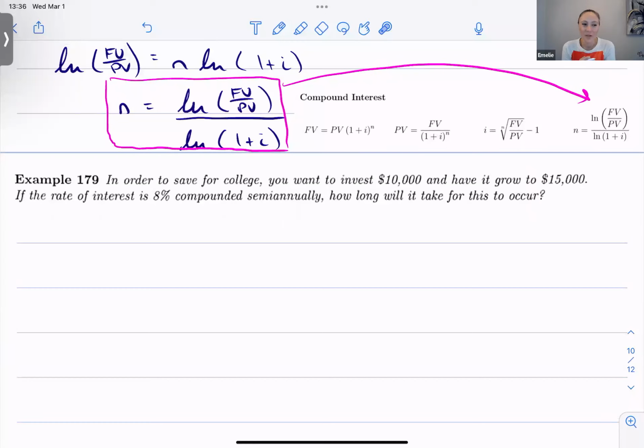If the rate of interest is 8% compounded semi-annually, how long will it take for this to occur?